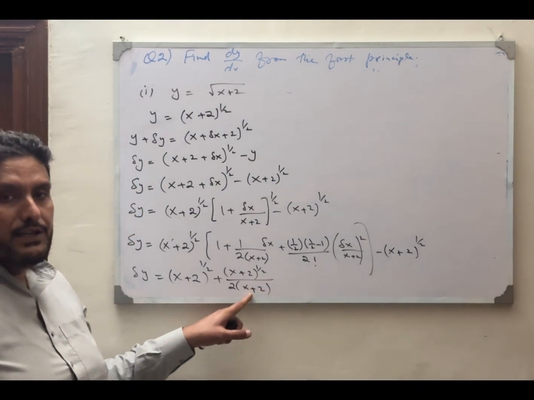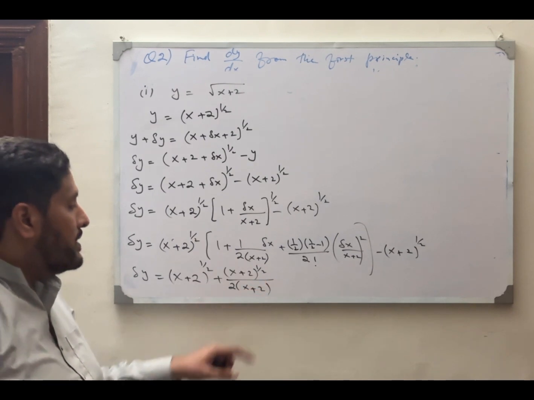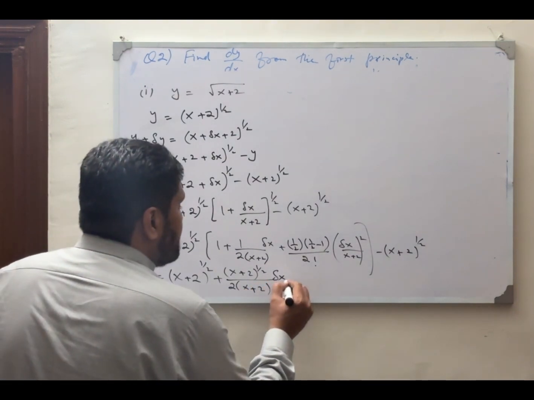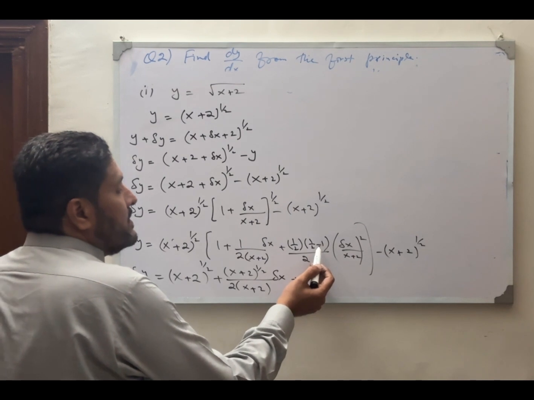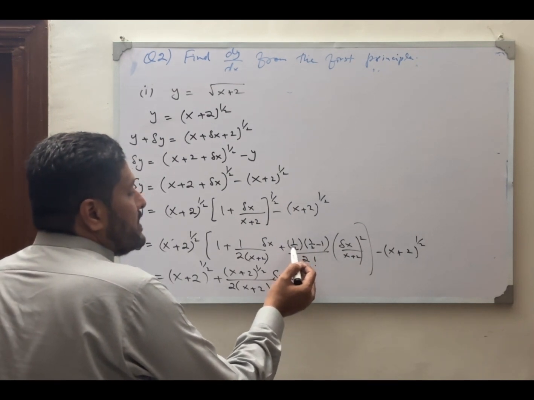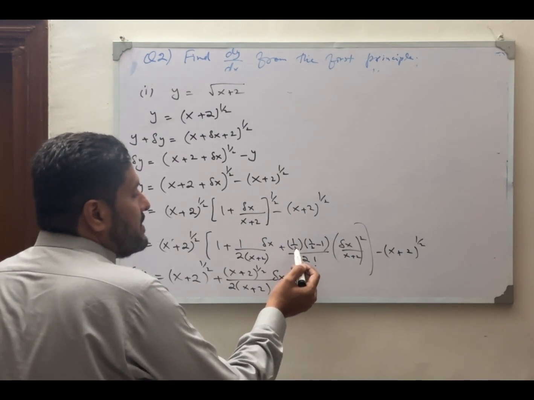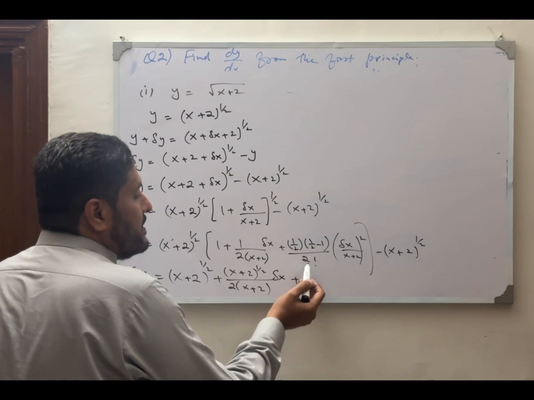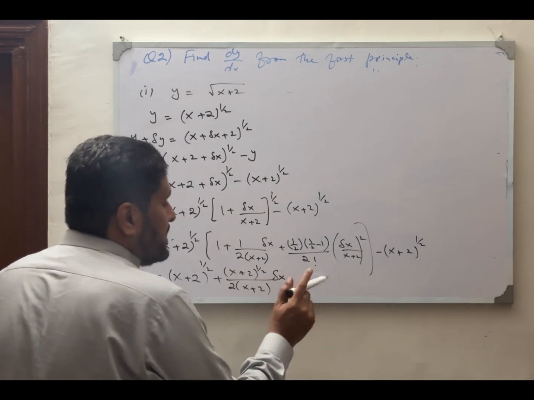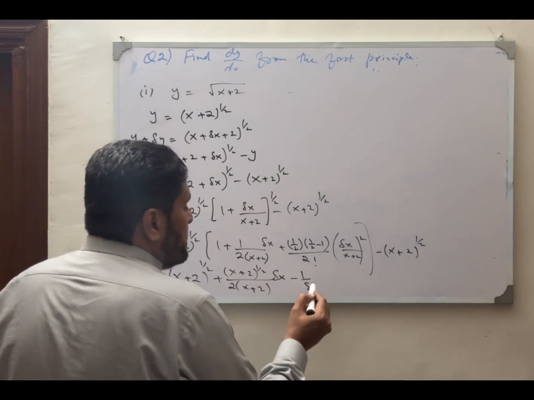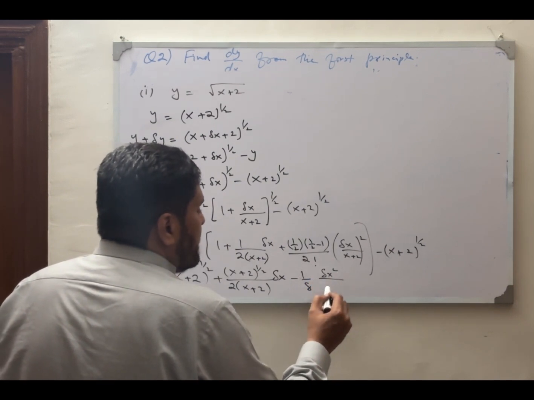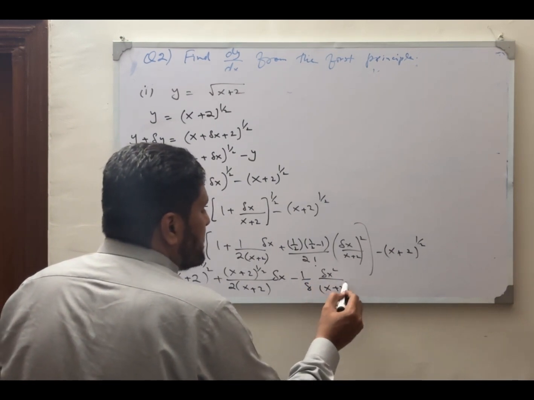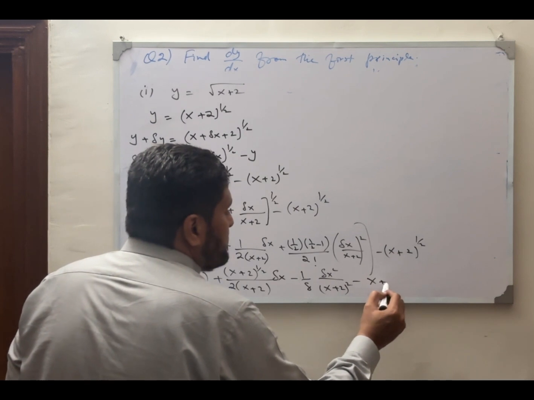In the denominator its power is 1. So that is delta x plus 1 by 2 minus 1 minus 1 by 2, and into 1 by 2 that will become minus 1 by 4, and divided by 2 that will be minus 1 by 8.